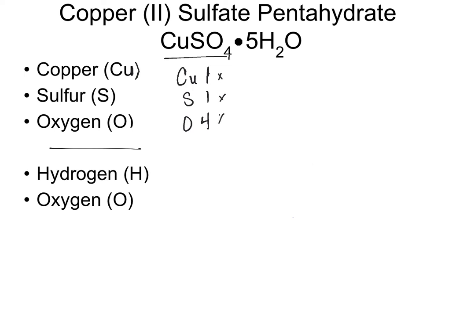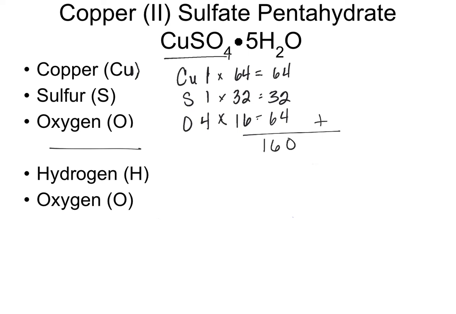Multiply those by their atomic mass, 64, 32, and 16. Multiply those and then add them together. So we have 160 grams per mole.